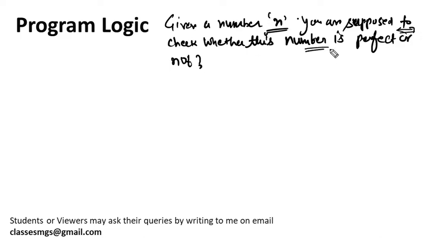Before we start this problem, you should know what a perfect number is. If you know what a perfect number is, then only you will be able to solve this problem.